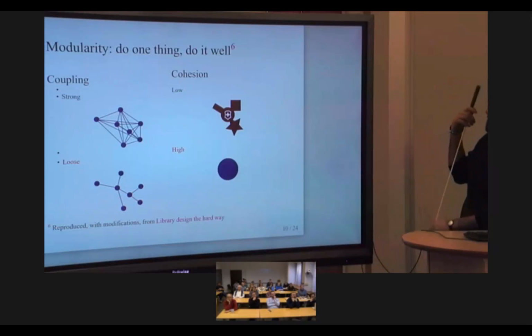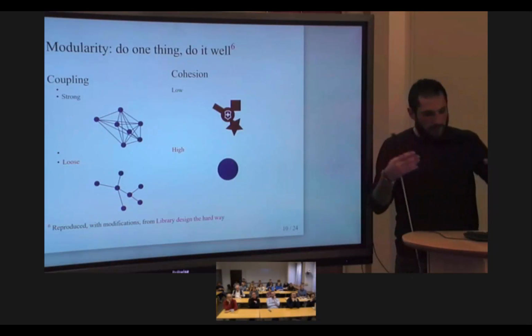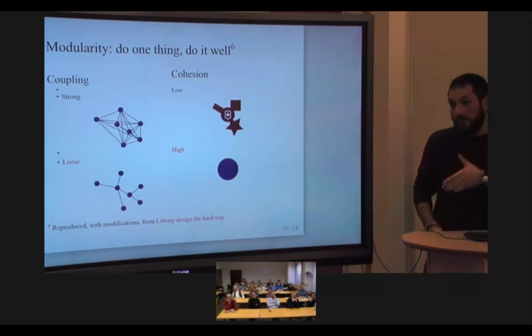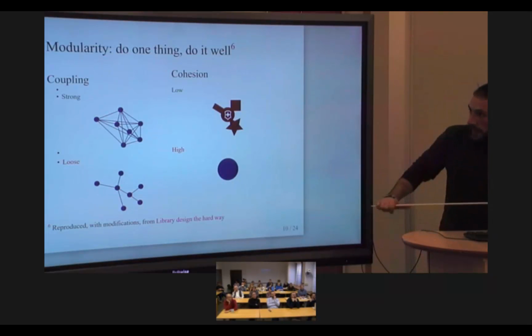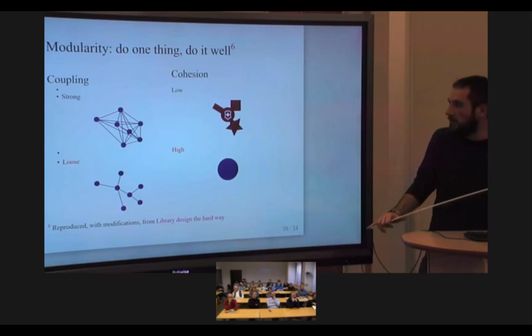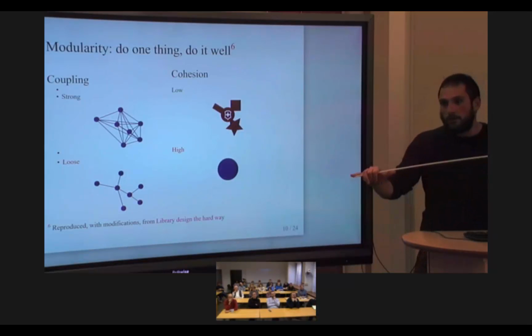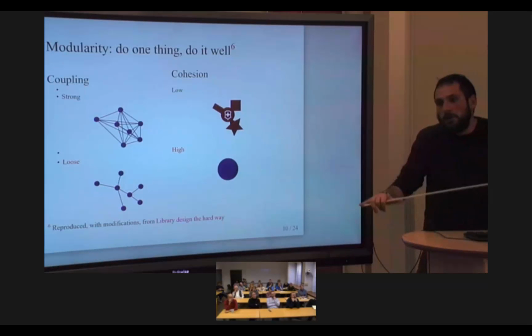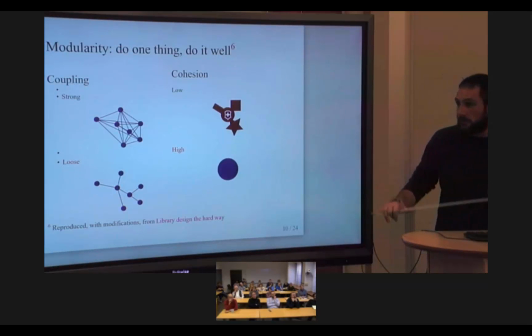That means that we want to build parts of larger systems that can do one thing and do it well. The guiding principle behind this idea is that in computer science, you can define these concepts of coupling and cohesion that describe how a programming system, or in general a piece of software, is structured.